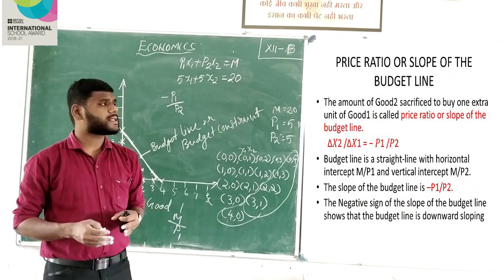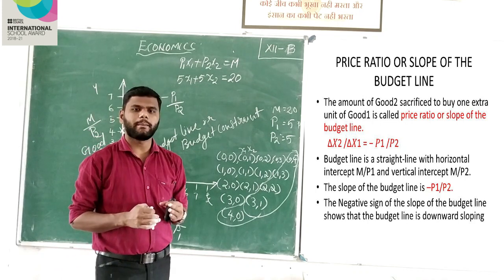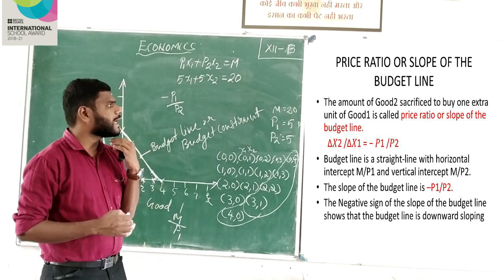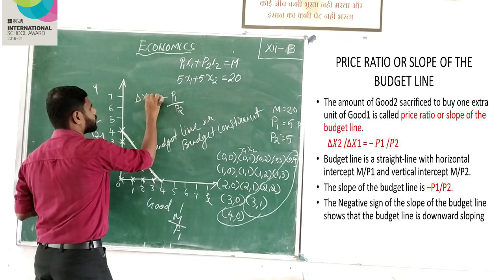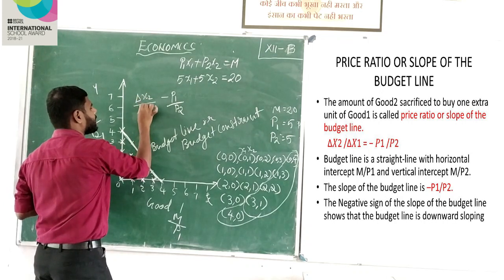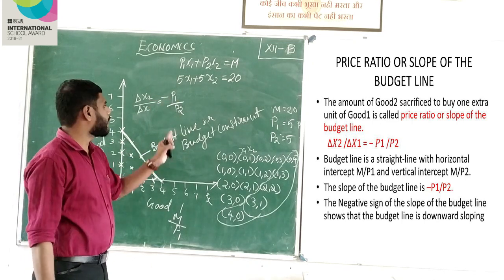Now, what is meant by price ratio or slope of the budget line? For example, delta x2 divided by delta x1 is equal to minus p1 divided by p2.